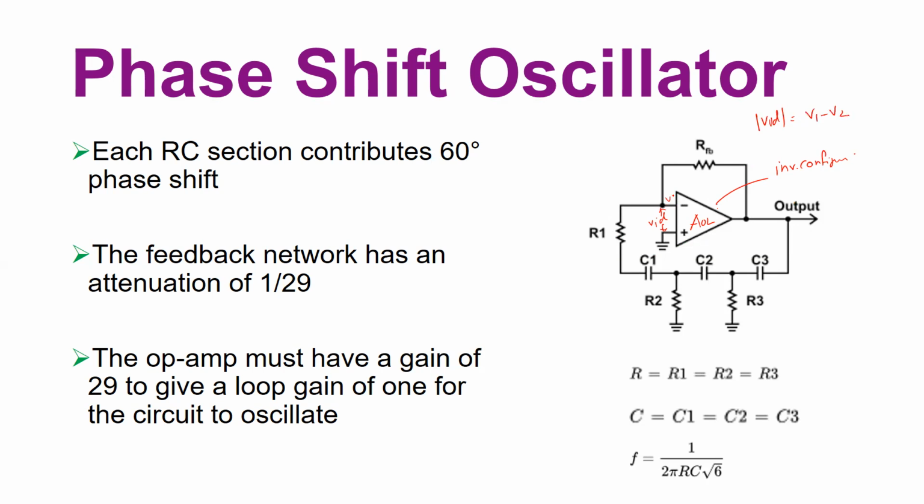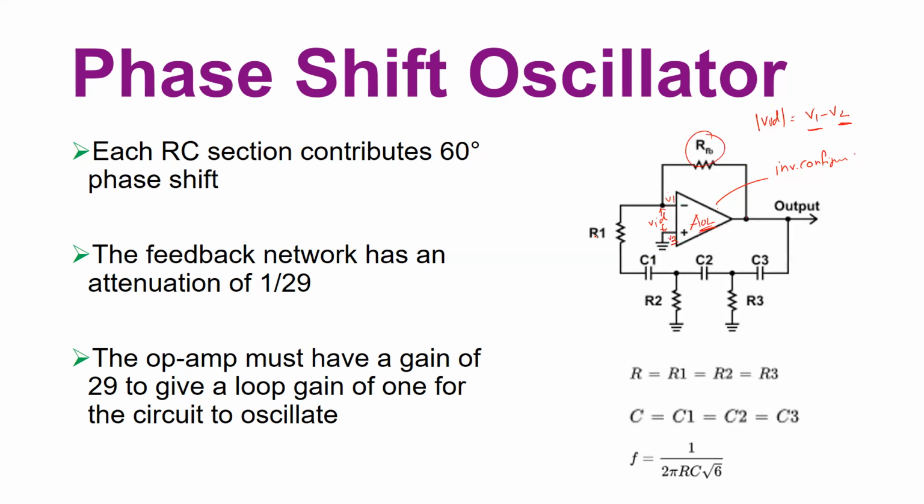V1 is the voltage here, V2 is the voltage here. Due to the virtual ground concept, this V2 bias, which is at 0, comes at V1, and the amplifier's negative feedback action makes the two voltages at equal potential. So V1 also gets forced to 0 volts.